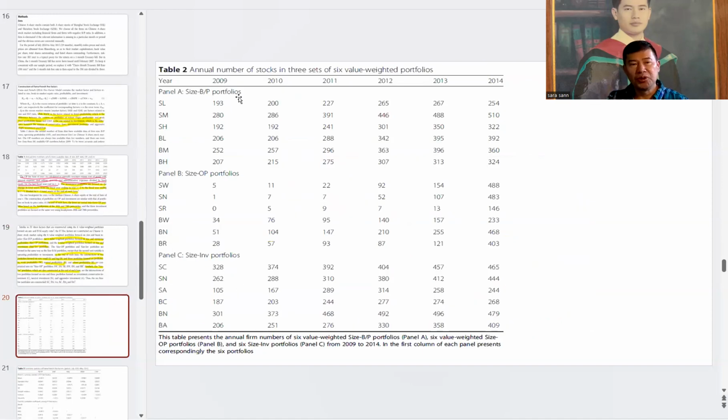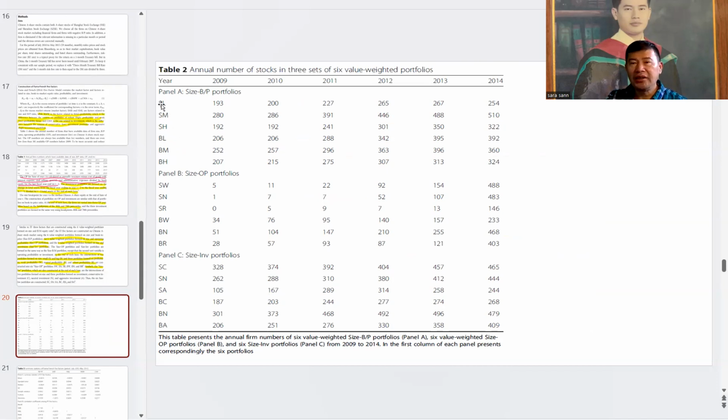Table 2 shows the result. Based on the size portfolio, the author divides into six groups, six weighted portfolios, because there is small size, big size, and medium size. He cuts out the medium size because medium size is neutral.